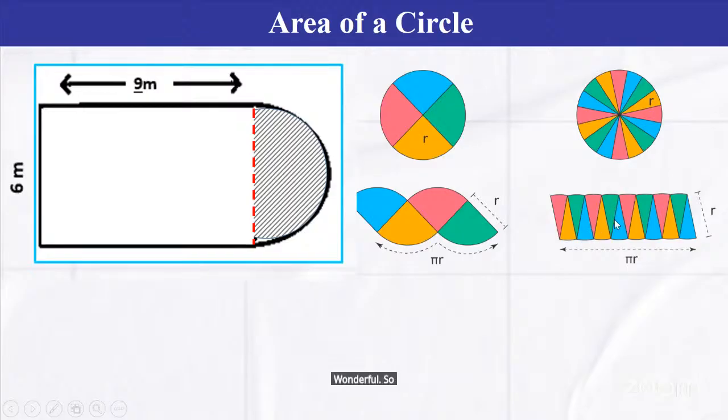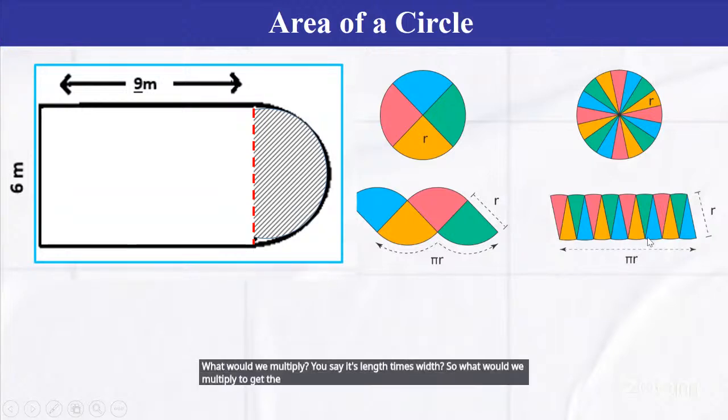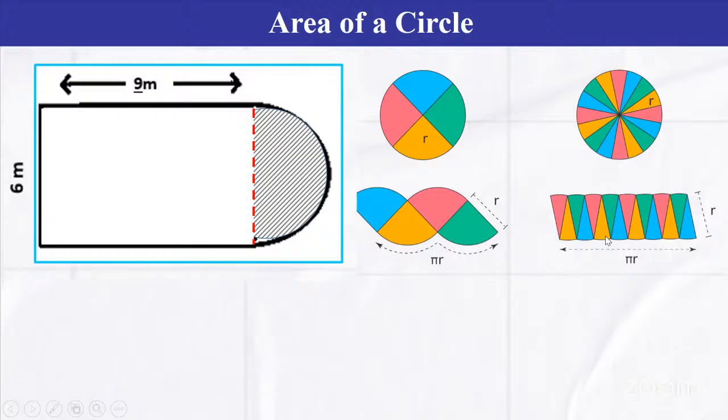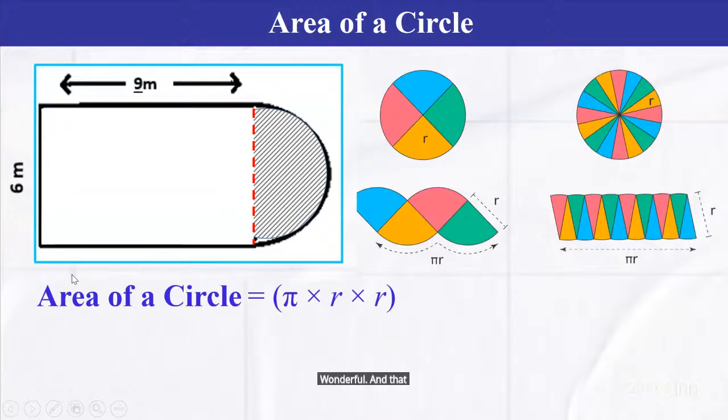So if we are finding the area of this rectangle, what would we multiply? You say it's length times width. So what would we multiply to get the area? All right, pi R times R. Wonderful. And that is where we get the formula from to find the area of the circle.